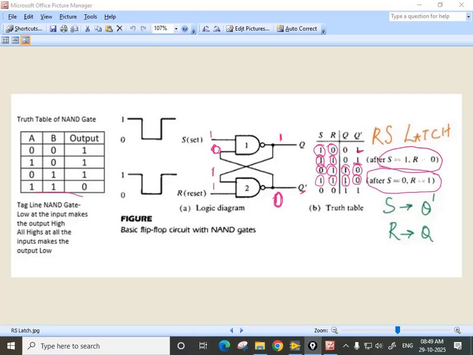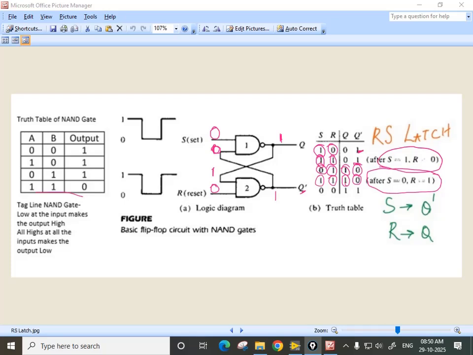Now the last condition is both 0, S equal to 0, R equal to 0. If we have S equal to 0 and R equal to 0, we have to make the change over here. With 0 0 over here, a 0 at the input makes the output high, so it is high over here, and over here also it is high, because 0 is here and 1 is fed back over here.